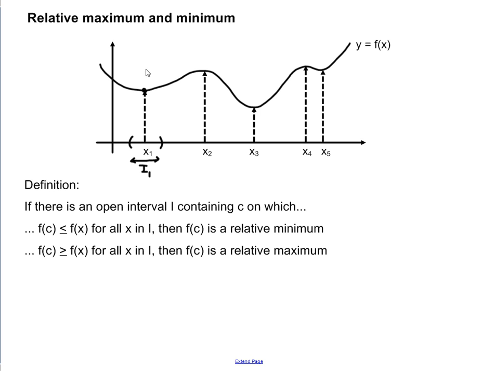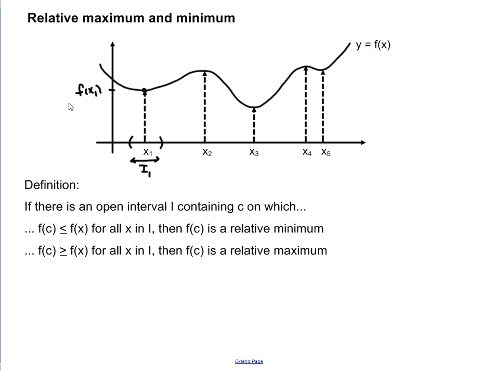We say that the point x1 represents a relative minimum because if we compare the y value that we get at f of x1, we see that the values of y near f of x1 are less than or equal to all the values of f of x near that point.